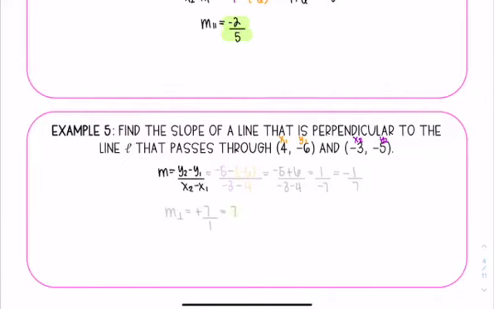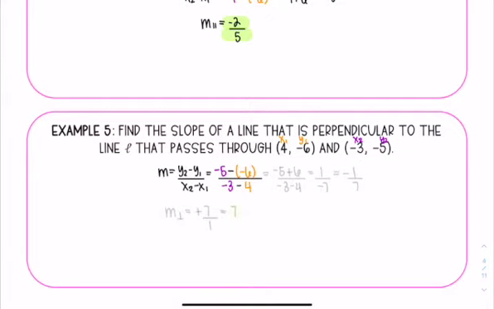So plugging into our slope formula, we have y2, which is -5, minus y1, which is -6. And then we've got x2, which is -3, minus x1, which is 4.